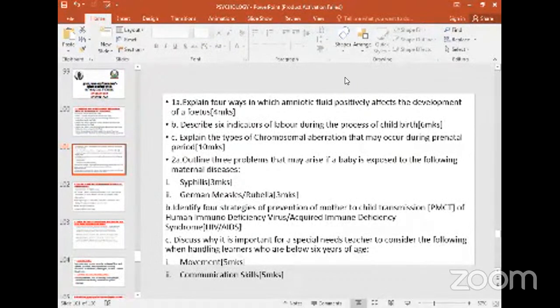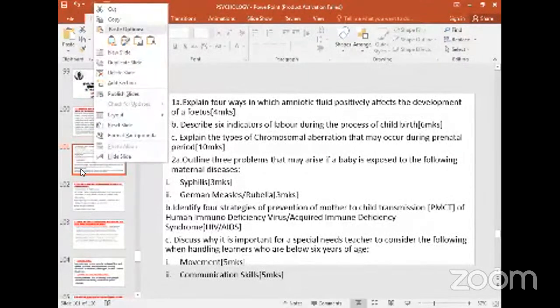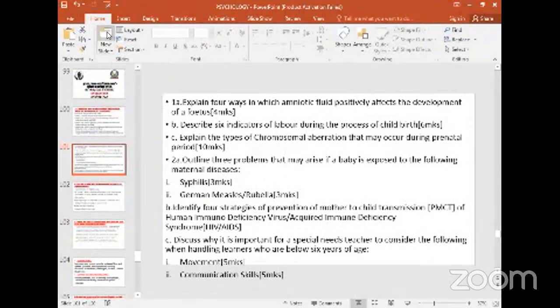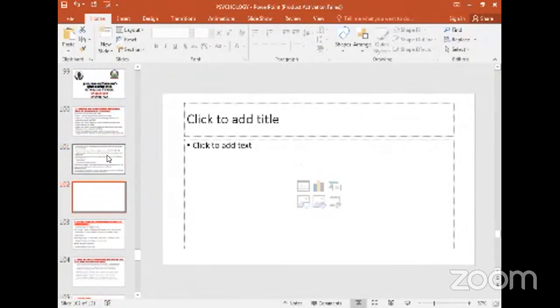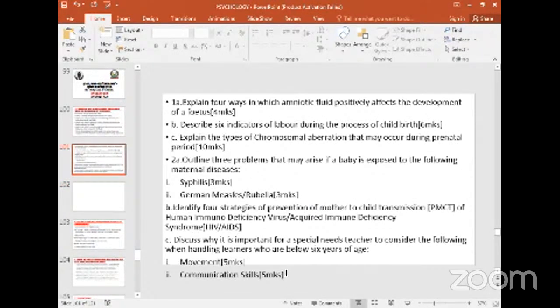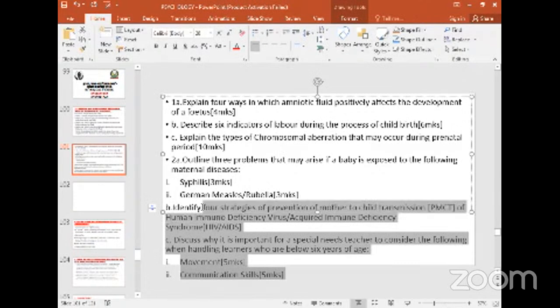Wacha andika kwa chat box. The screen is not visible. Okay, let me try to do something here.